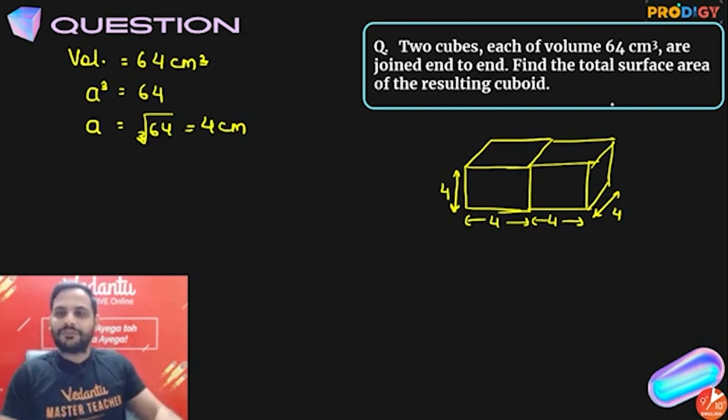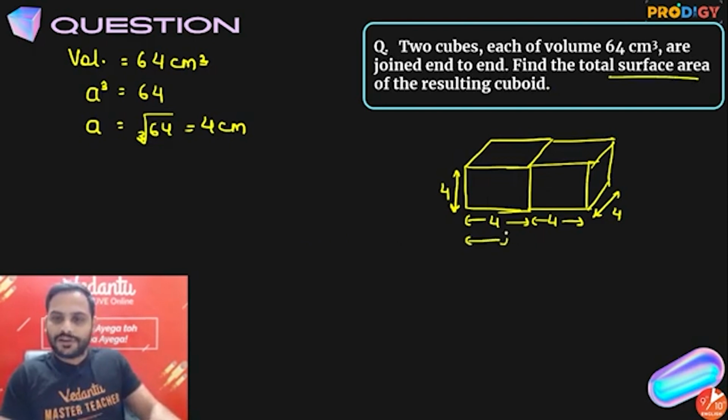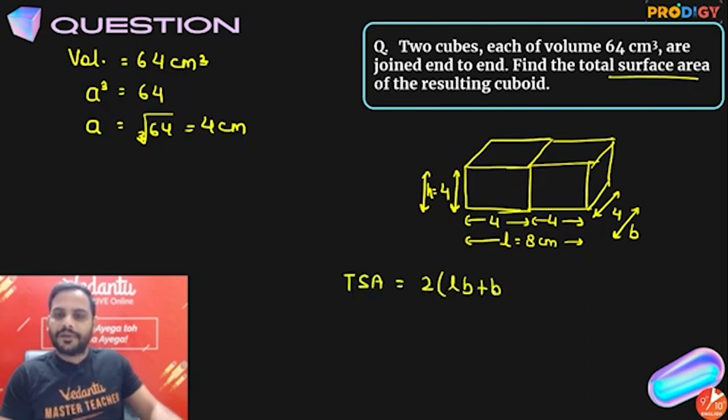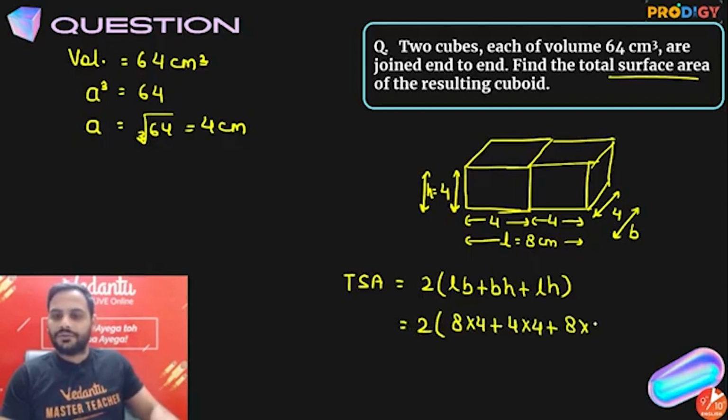Now we have to find the total surface area of this cuboid. For this cuboid, length is 4 plus 4, 8 centimeter. Breadth is 4 only, and height also remains the same, 4. So the TSA will be 2 times (LB plus BH plus LH), so 2 times (8 into 4 plus 4 into 4 plus 8 into 4).